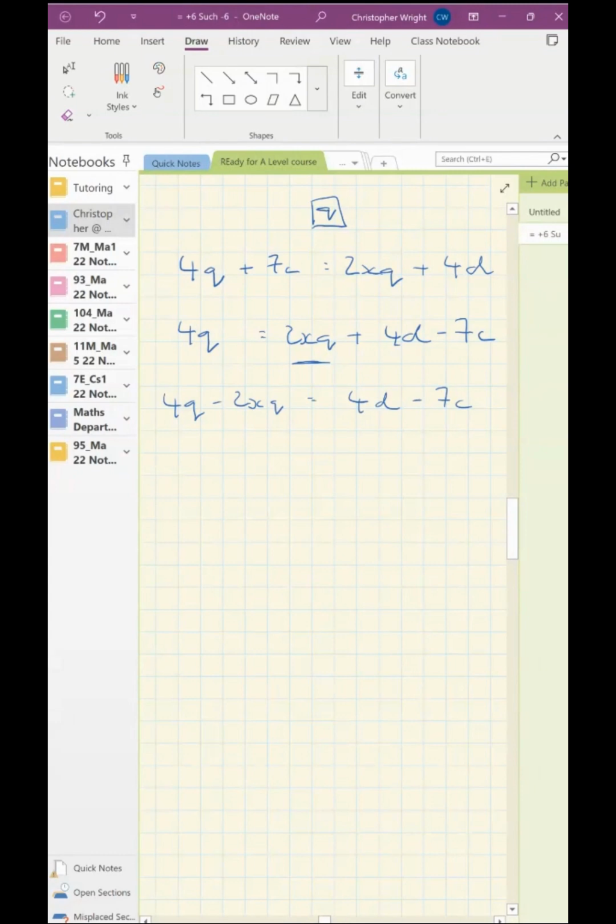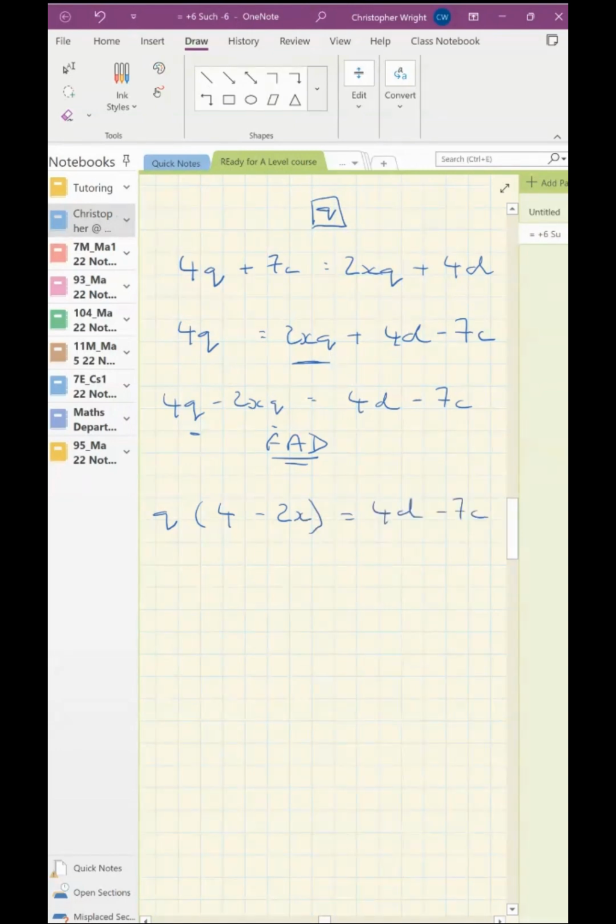Okay, now I have everything with a Q in it on one side and all the rest of the terms on the other side. Right, now what you need to do is FAD this. You need to factorize and divide. Let me show you. Look at the left-hand side. You see we've got Q's there. Factorize the left-hand side. Take out that Q. And that gives me this.